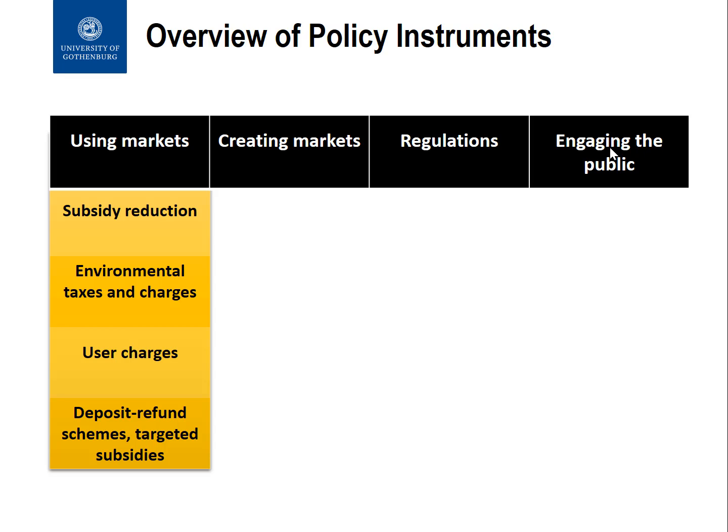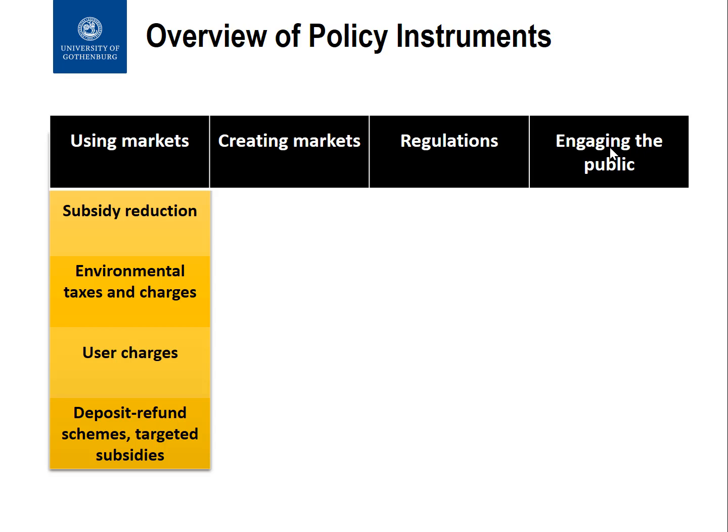To give you an idea of what these instruments are, subsidy reduction could be a reduction of subsidies for fossil fuels in some developing countries. Environmental taxes and charges could be carbon taxes or CO2 taxes. User charges are charges, for example, for treating wastewater or waste disposal.